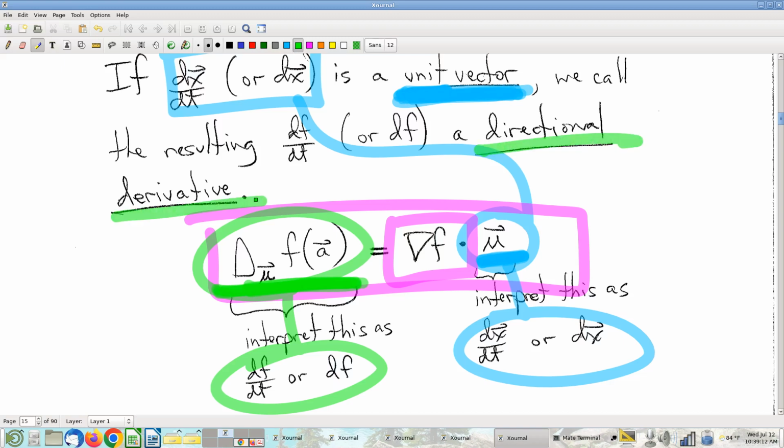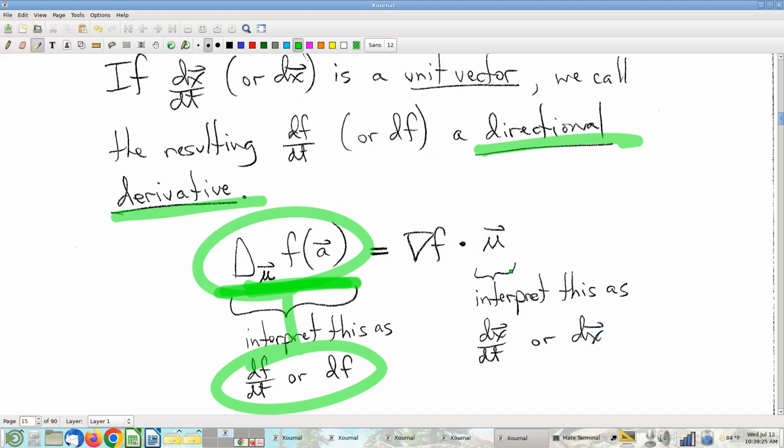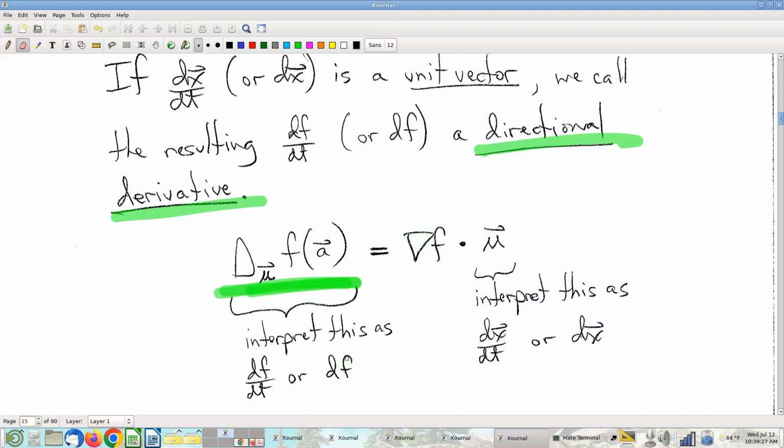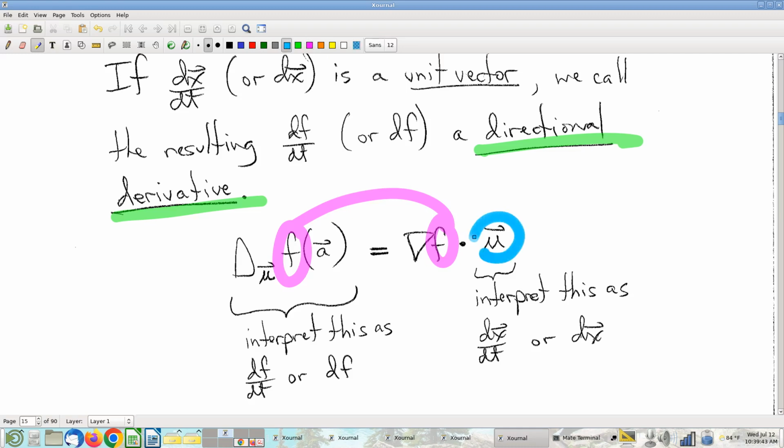So you can, and I think should, think of directional derivatives as a special case of the chain rule. Is that okay? What's the notation? The D. This is just notation for the directional derivative. I have to tell you what function's output values I'm trying to keep track of, and indicate in what direction I'm moving.